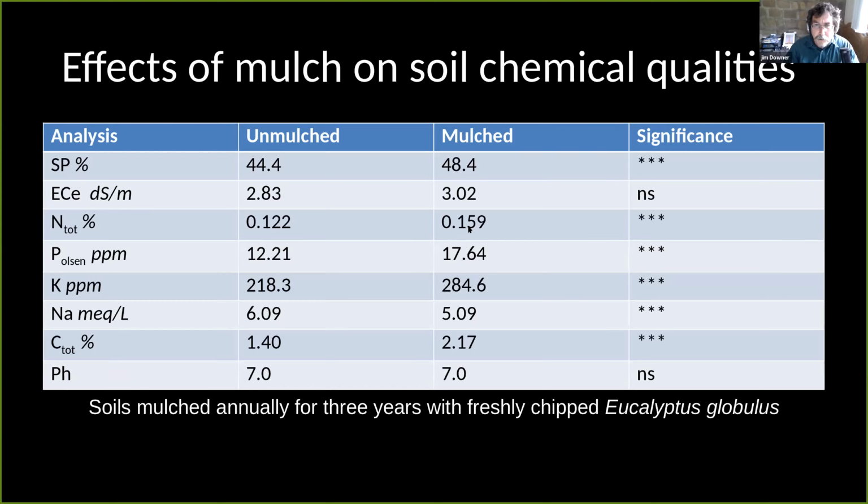We saw nitrogen go up significantly, phosphorus go up significantly, and potassium go up significantly. We saw sodium go down significantly, which is something we don't want in soil. And we also saw, of course, very significant increase in the total amount of carbon in the soil, and the pH stayed the same. It was around neutral, and mulches tend to bring the soil back to neutral, whether it's an acid soil or an alkaline soil. So this was sort of an expected result.